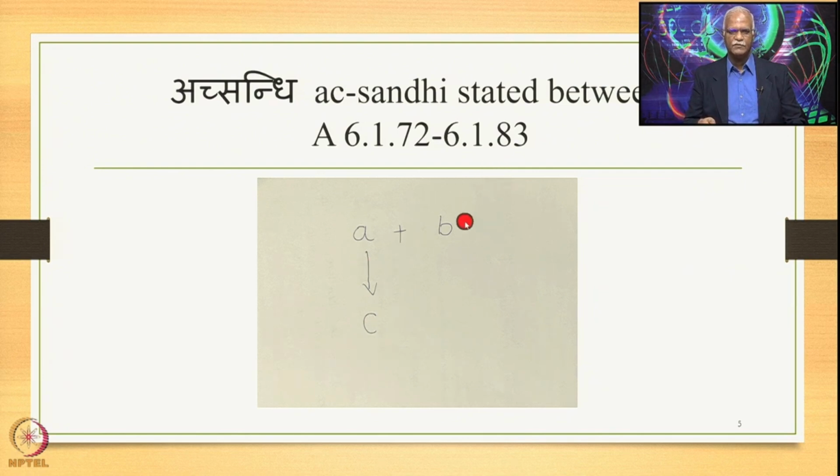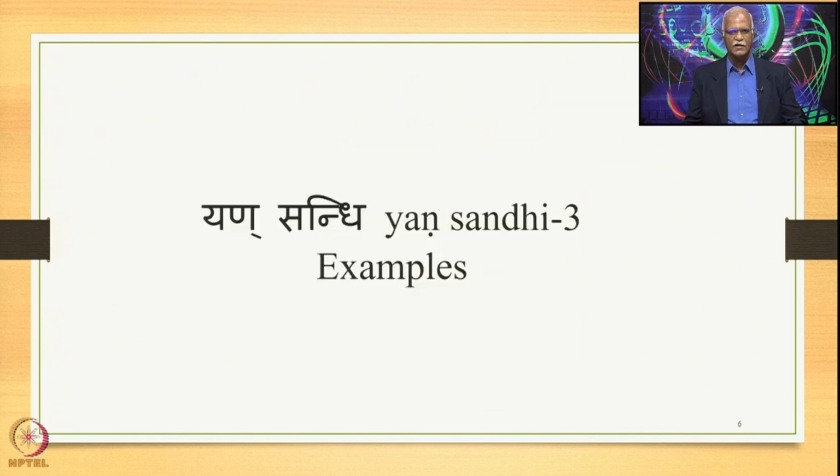In this environment, this type of sandhi, the two instances, they are stated in the Ashtadhyayi between 6172 and 6183, and we are studying currently the yan sandhi. We studied the sutra iko yanachi, which prescribes the yan sandhi.